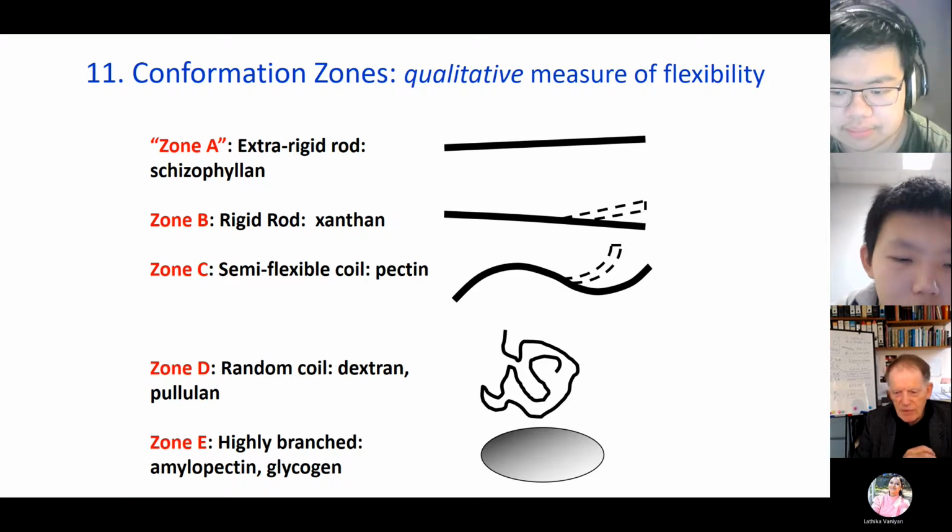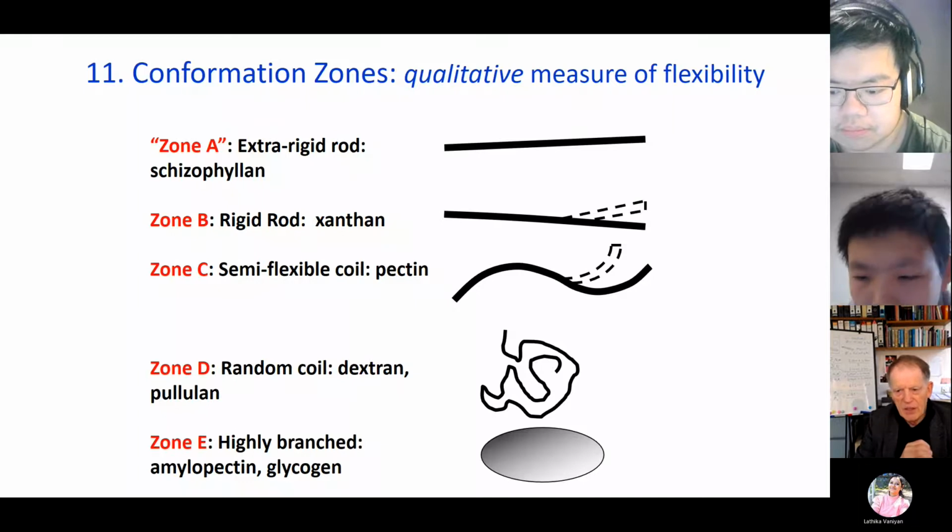And then zone E corresponds to very highly branched globular types of macromolecule. Of course, proteins would be zone E, but from polysaccharides, highly branched amylopectin or glycogen molecules would fit in these zones.